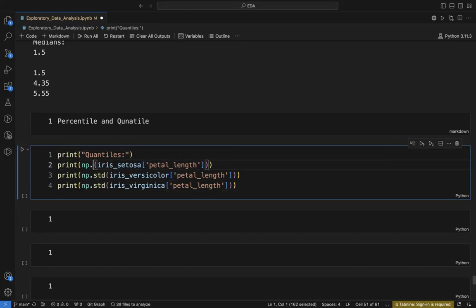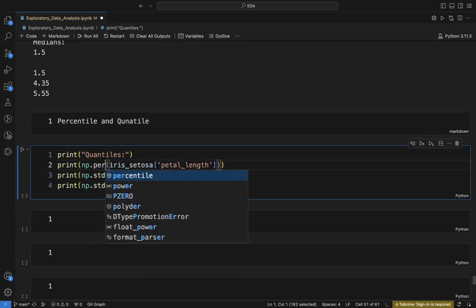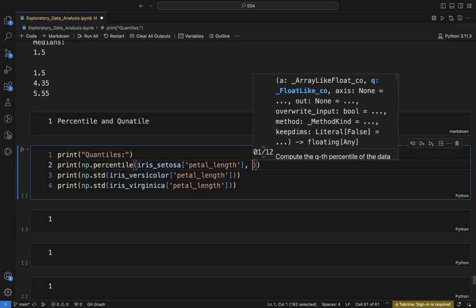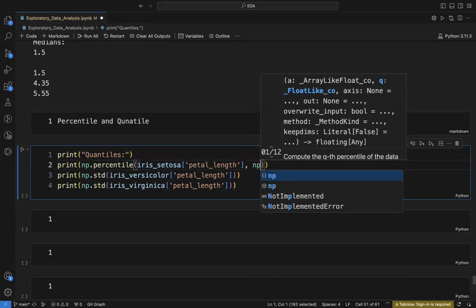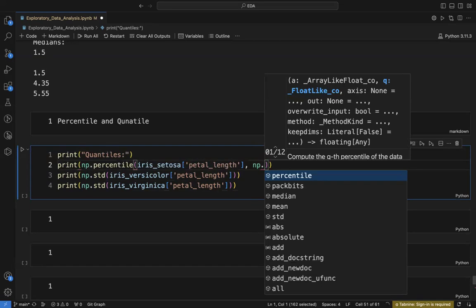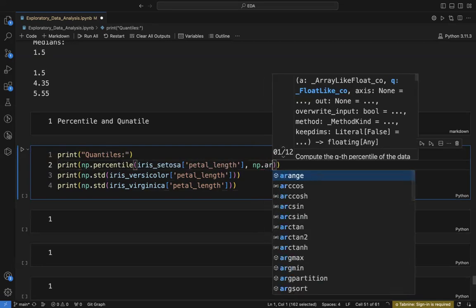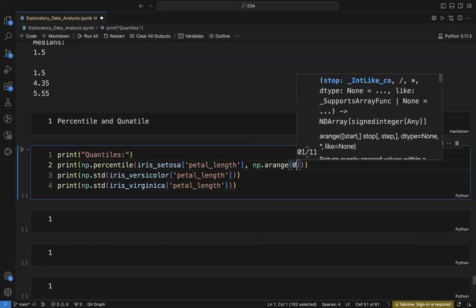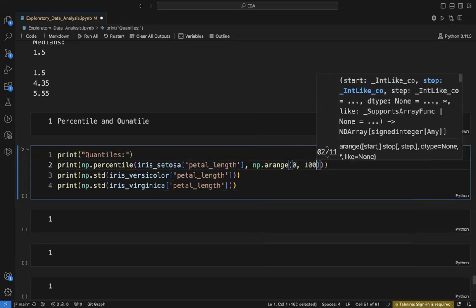Instead of np.std, let's write percentile. Thereafter, iris setosa petal length, then a comma, np.arange, and here 0, 100. I will explain everything.